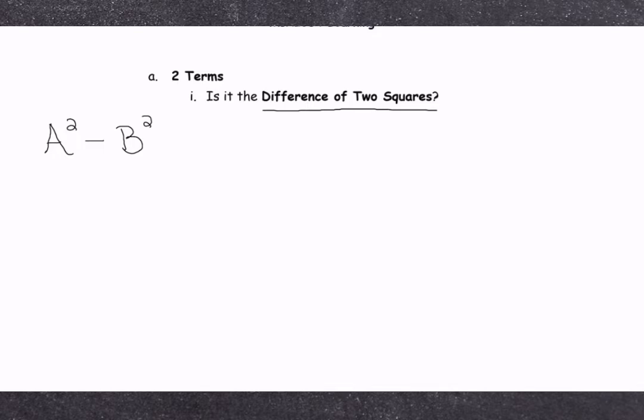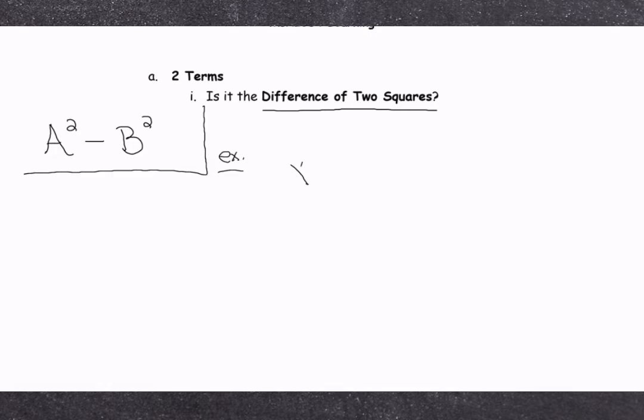If you have two terms and both of those terms are squared, you can take the square root of each one of the terms, and then there is a subtraction sign in the middle, then you have the difference of two squares. Now, this is just the generic form. Don't be intimidated by that. Generic form just means we're creating a rule that you can use with any situation. Let me put some real numbers here so it's not as intimidating.